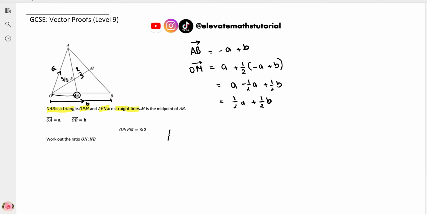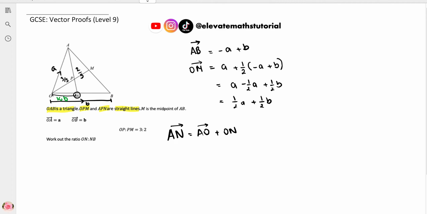So AN, I can go AO plus ON, and ON is a fraction of OB. Okay, that fraction, I'm going to call it k, KB. K is a number, a constant, a fraction, in fact. So ON is some fraction of OB.